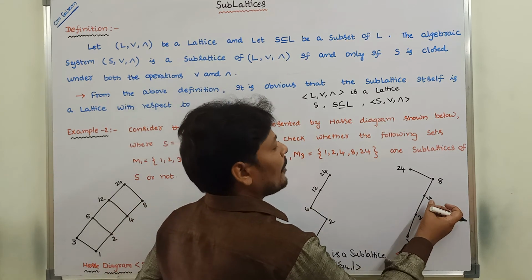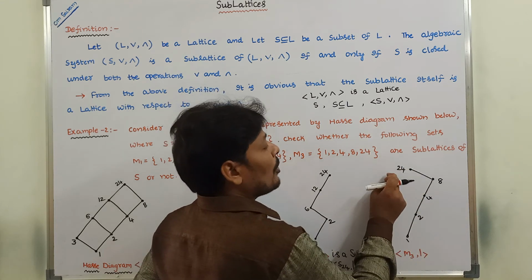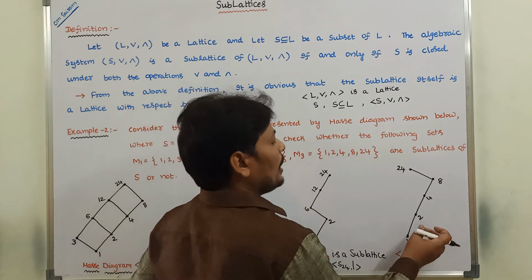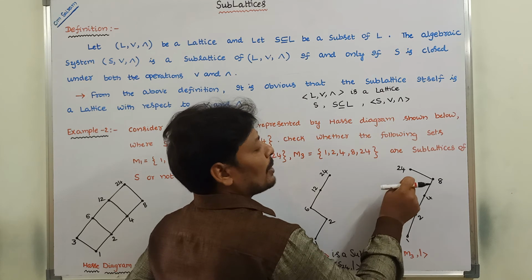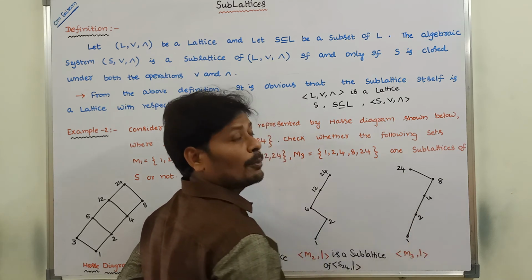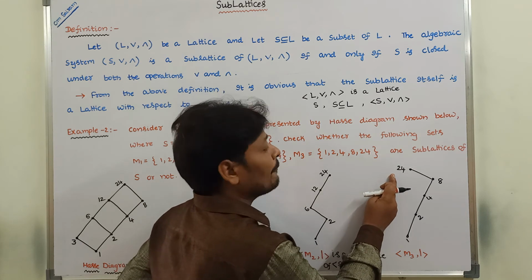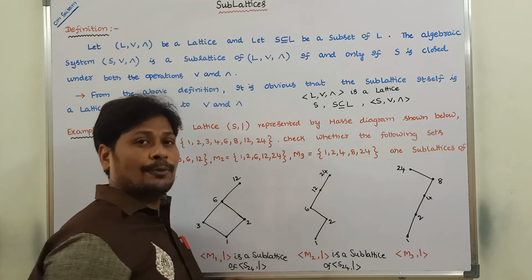Take the pair 4 and 24: least upper bound is 24, greatest lower bound is 4. Take 2 and 24: least upper bound is 24, greatest lower bound is 2. Take 1 and 24: least upper bound is 24, greatest lower bound is 1.